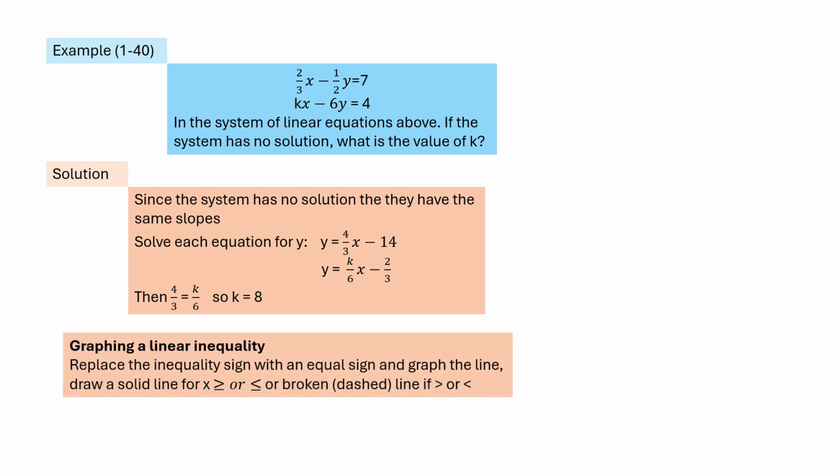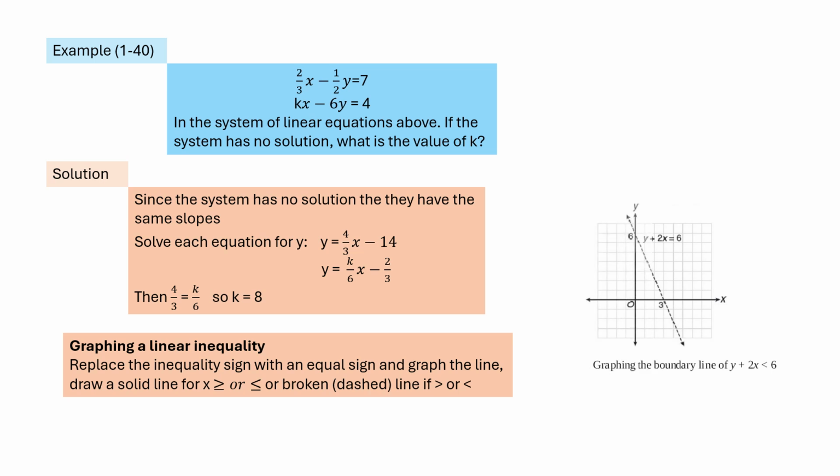Graphing a linear inequality. When we have an inequality, the difference is whether there is an or equal to or not, like a dashed line or a solid line. In the graph, this is y plus 2x equals 6. We draw one straight line and make it dashed if there is no sign like or equal to.